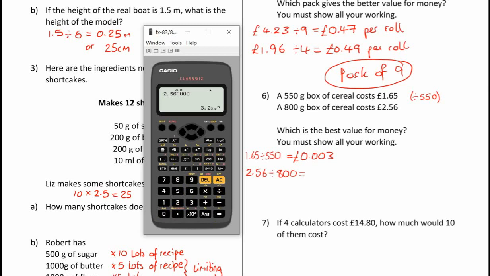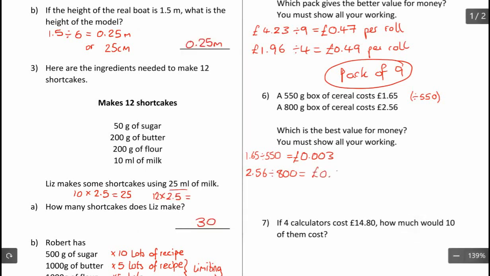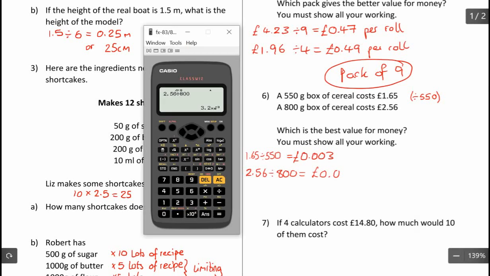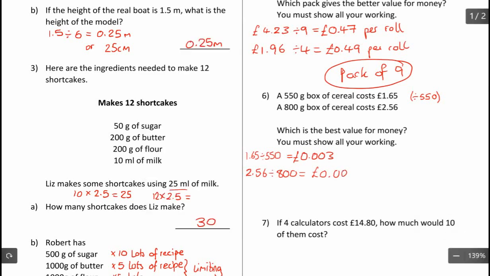So that's 0.0032. Not much in it at all, but you can see that this lower one is slightly more expensive. So actually the 550 gram box is better value in this case.